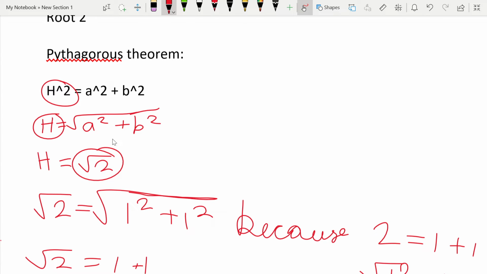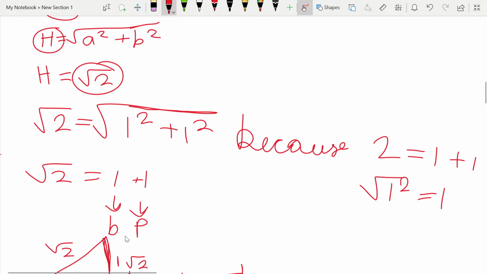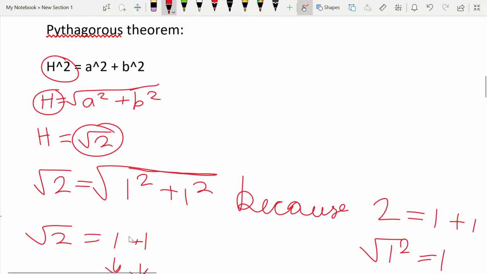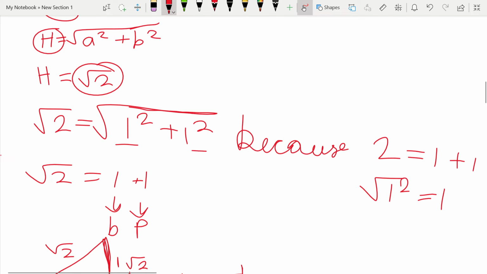Meaning if you don't have h square, then h is equal to under root of all of that, right? Very simple so far. Now, if h is equal to under root 2, what is under root 2? Because 2 is equal to 1 plus 1, under root 2 will be equal to under root 1 square plus 1 square. We need to put all that under root.